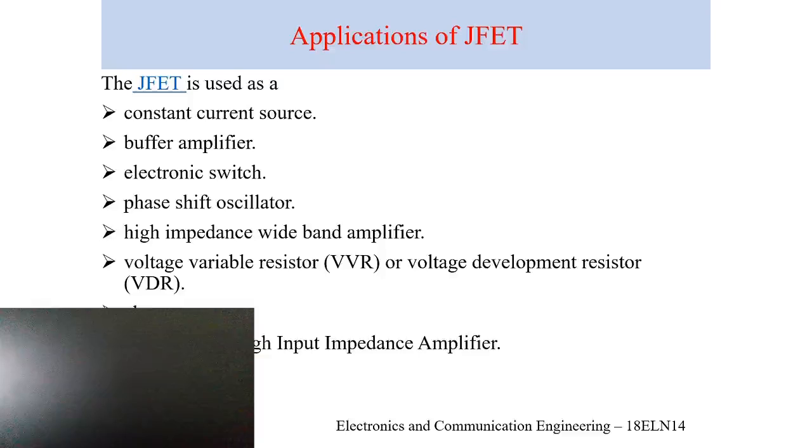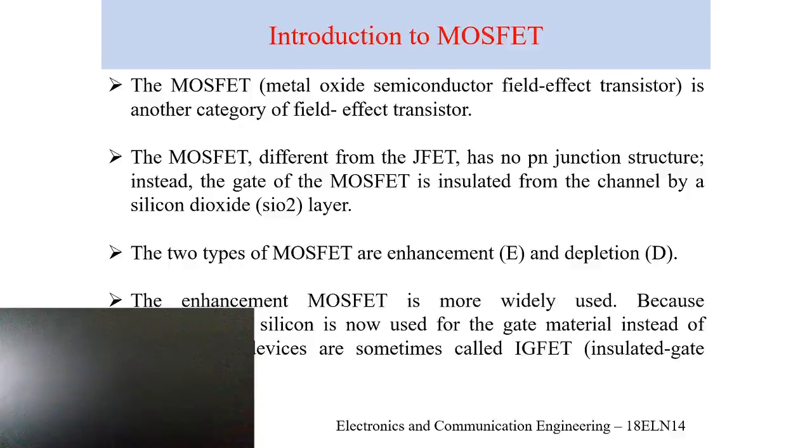Next, moving ahead, we go to the MOSFET. If you have understood the JFET fundamentals very well, then it is much easier to go on to MOSFETs. The MOSFET, the metal oxide semiconductor field effect transistor, is another category of field effect transistor.